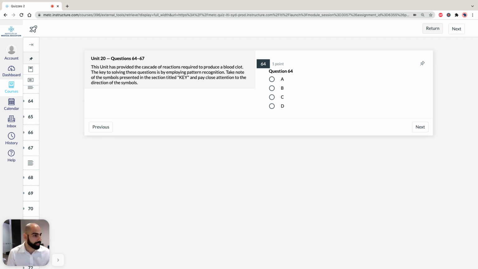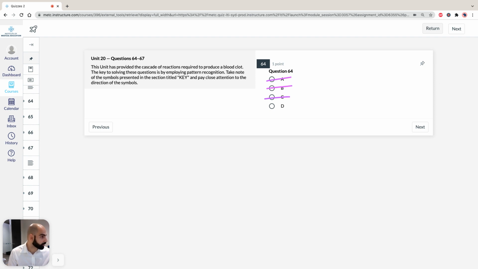So the precursor for factor 5 is just not provided. All we know from the options is that active protein C, no, that's just negative feedback. It's not the precursor. Factor 10A, no, factor 5 is a cofactor for 10A, so that's wrong.